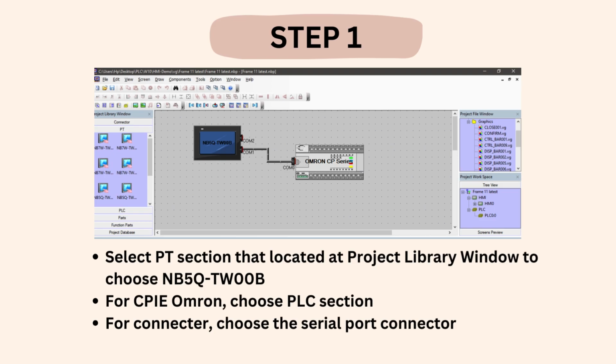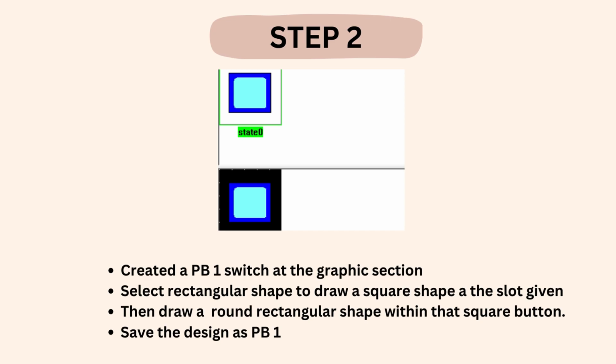For the connector, choose the serial port connector. The connector used to connect the NB and the CP1E Omron is RS232C.